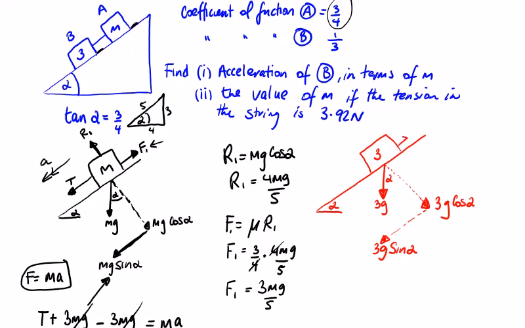We also have my F, which we'll call F2, and I have my R, which we'll call R2. I can start by getting R2. R2 is equal to 3g cos alpha, and we said cos alpha was 4 over 5, so 3g by 4 over 5. So R2 is 12g over 5.